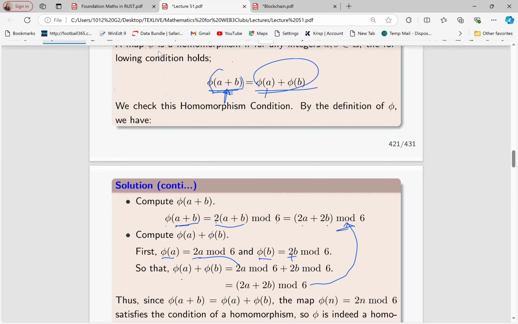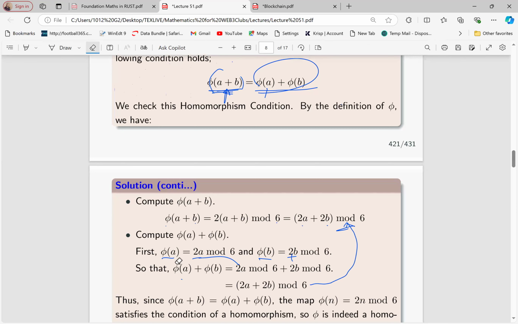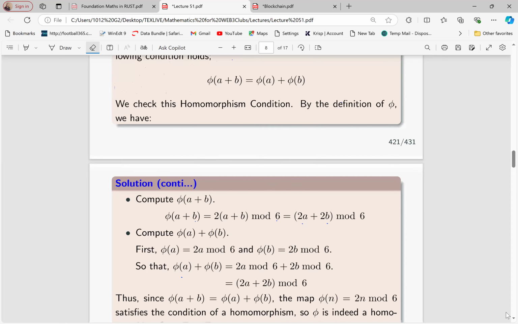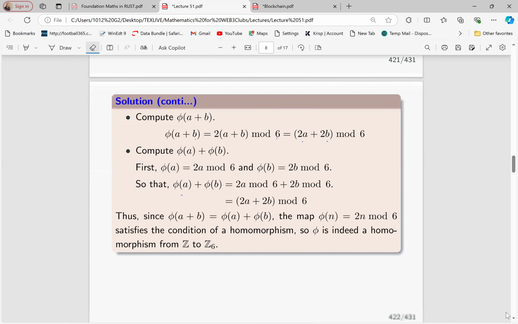So phi as given to us, since it has fulfilled that condition, is therefore a group homomorphism.